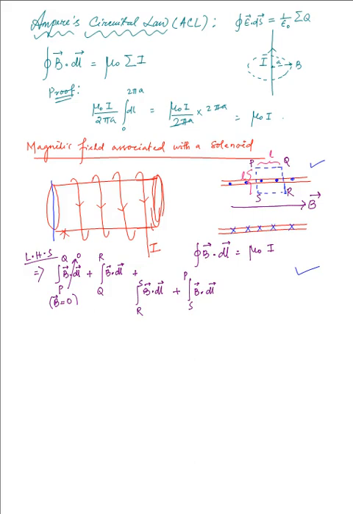So that does not count. B is zero in that case. As for Q to R, the magnetic field is normal to the QR element. So B dot dl is going to end up zero, as B is normal to the QR element. That is the reason.